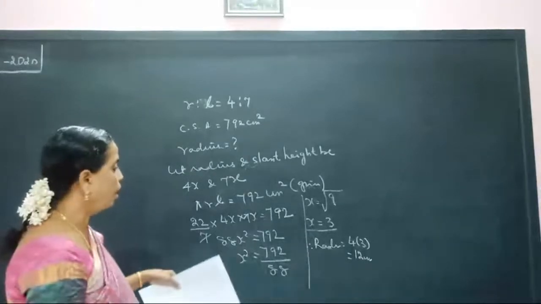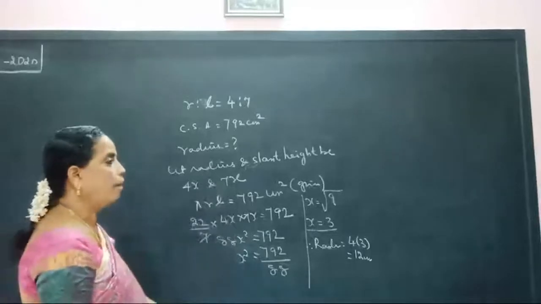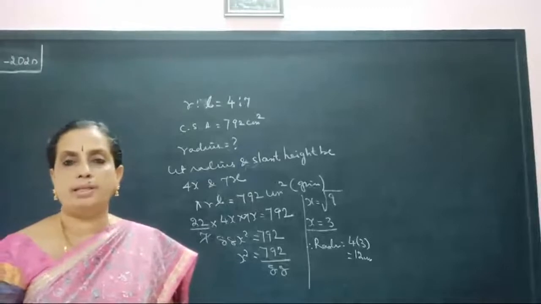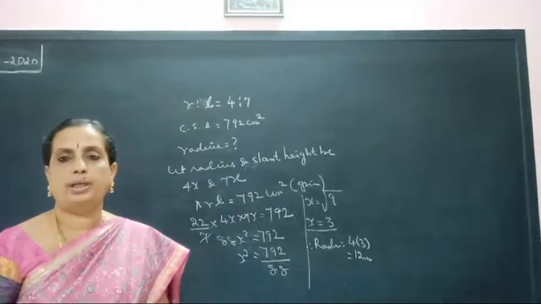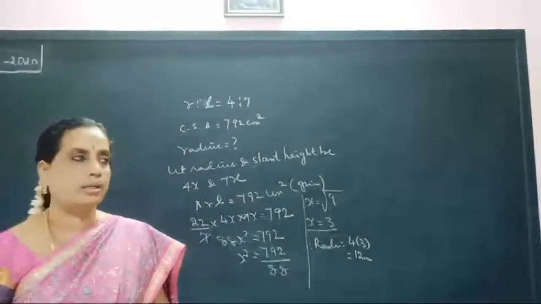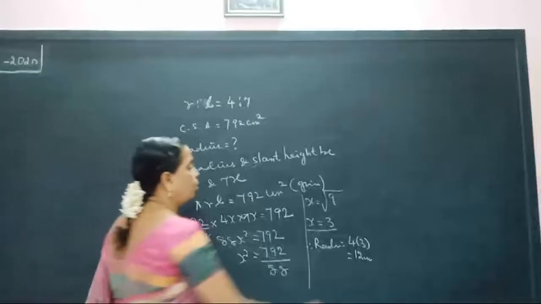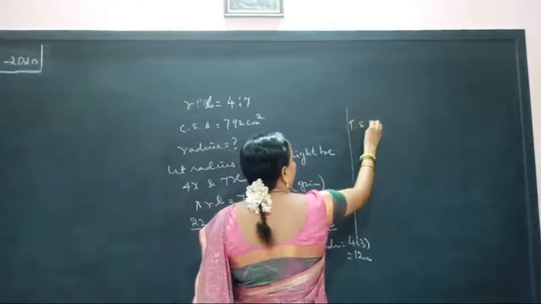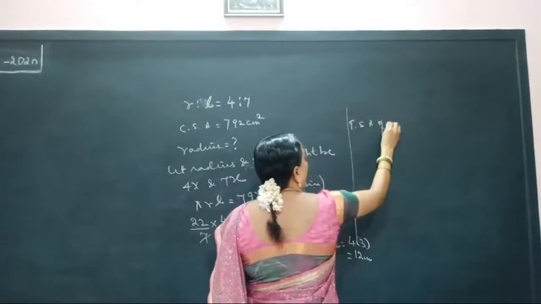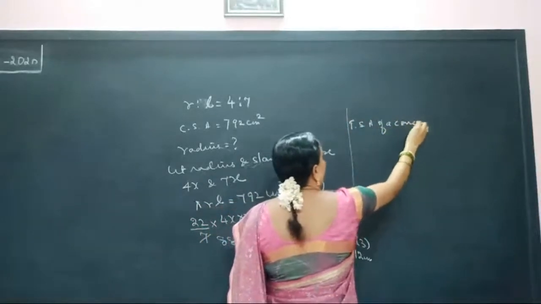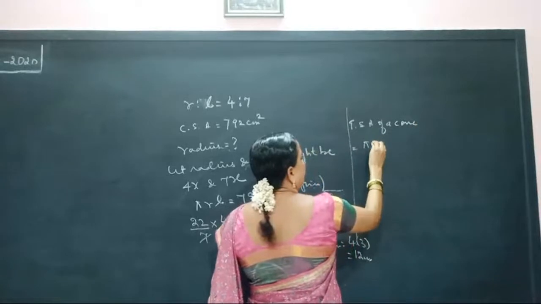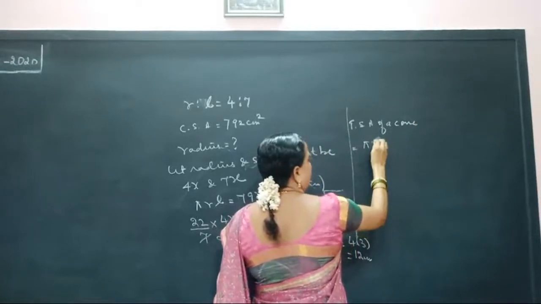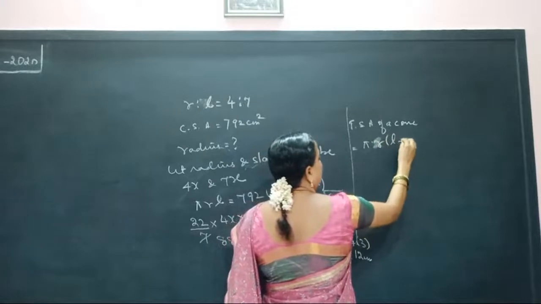Knowing R and L, you may also have the question, calculate the total surface area. Come on, do that. Total surface area of a cone equals pi r into L plus r.